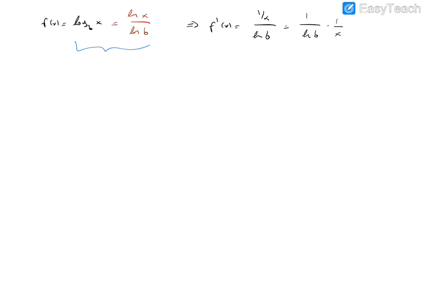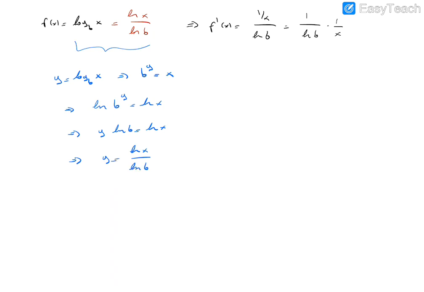So how can we obtain this formula? If y equals logarithm base b of x, this implies b to the power y equals x. That means if you take ln of both sides, ln of b to the power y equals ln x. So this implies y times ln b equals ln x. This means y equals ln x over ln b.